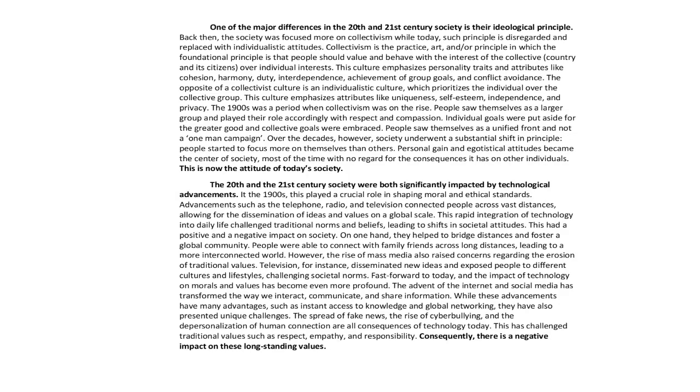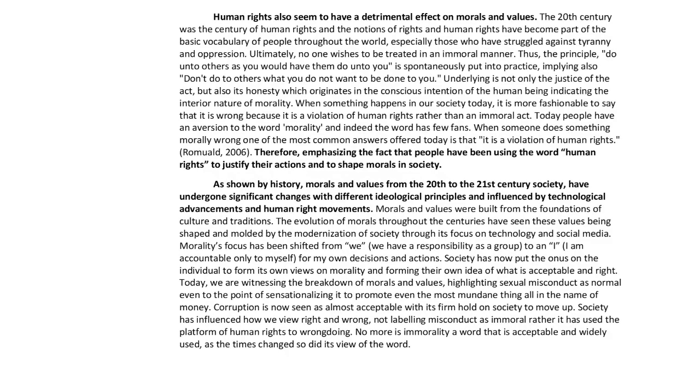Here's another body paragraph with the topic sentence in bold, supporting details, and a concluding sentence. The final paragraph here is a concluding paragraph, and the student has restated the thesis statement and has given a summary of the main points mentioned in the body paragraphs.